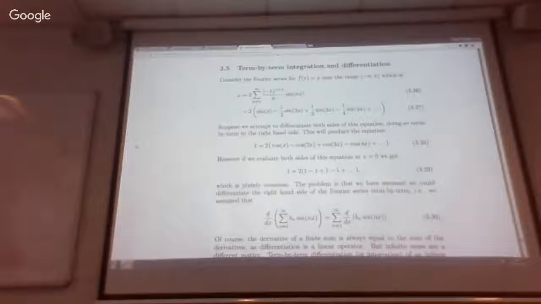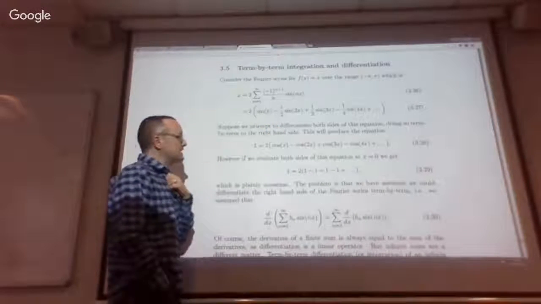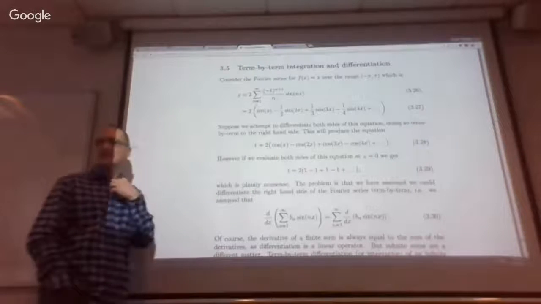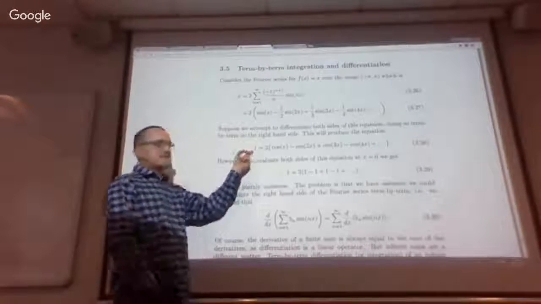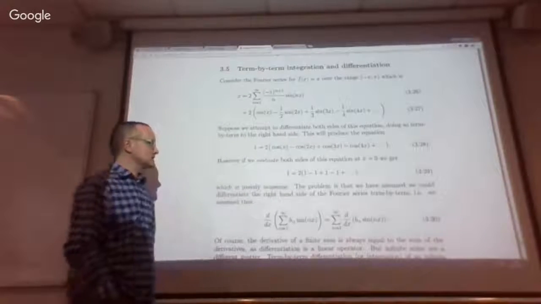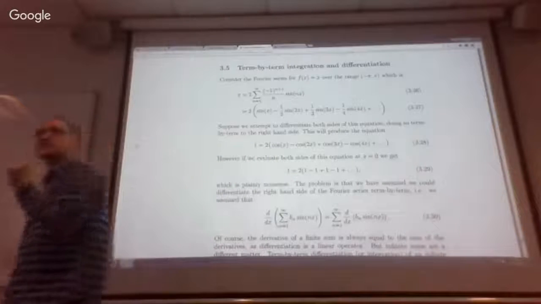However, if you just want to inspect this a little bit, we inspect it by just evaluating it at x equals 0. Well, the left-hand side is just a constant, so it just has the value 1. On the right-hand side, you're evaluating each of the cosine functions at 0.